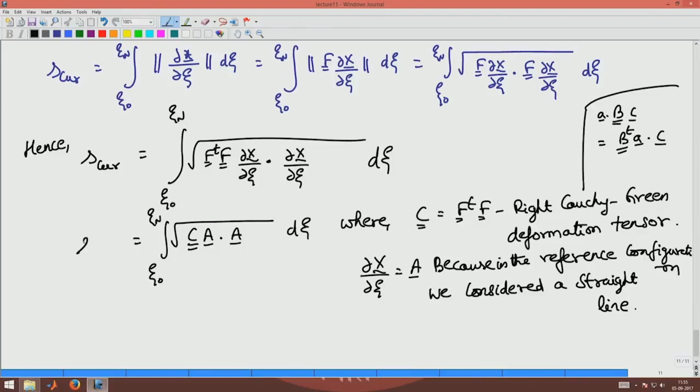So, this is the current arc length of the curve in the current configuration.